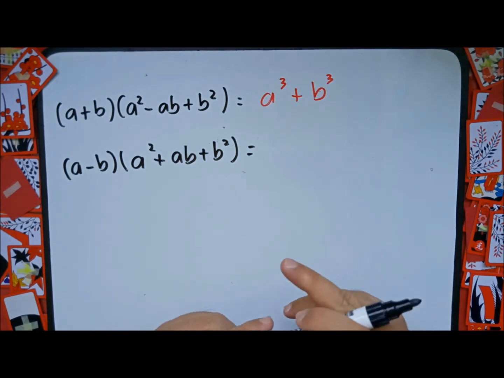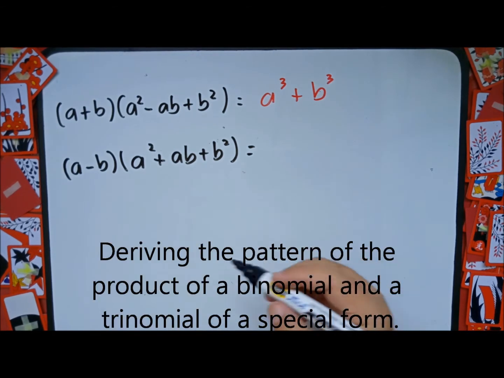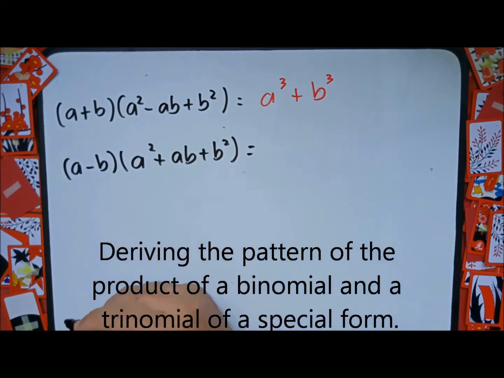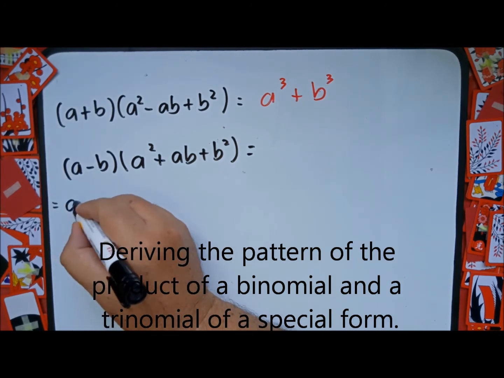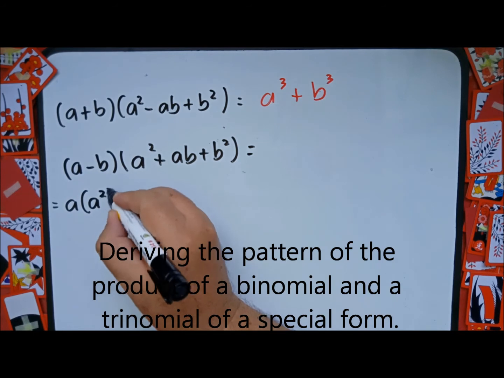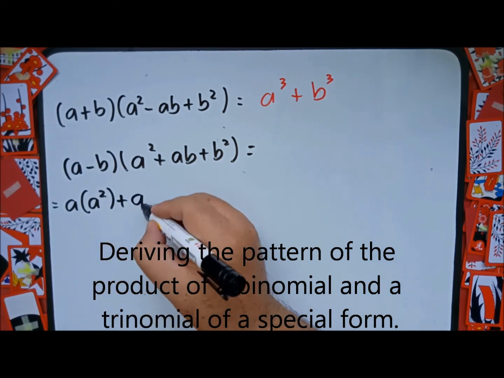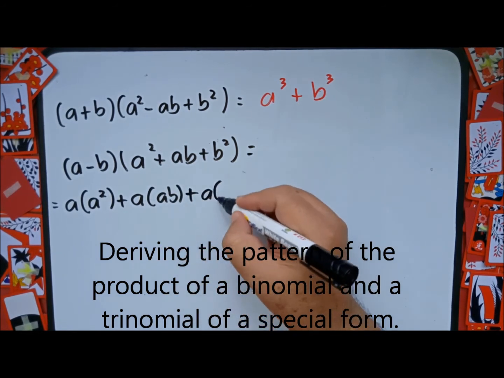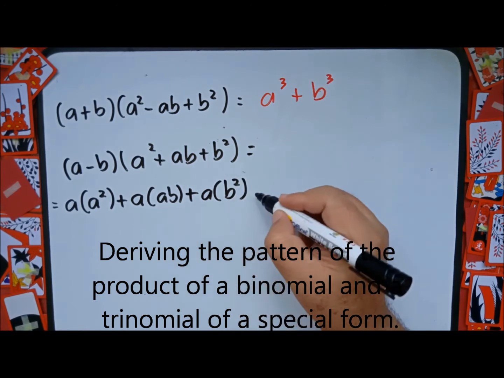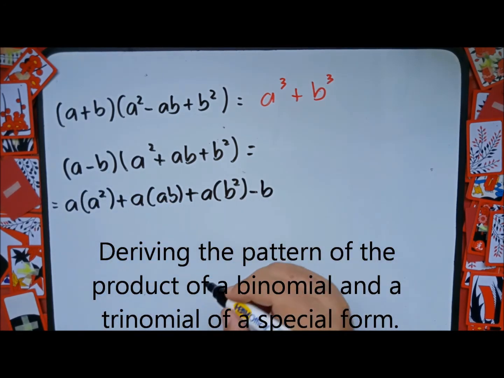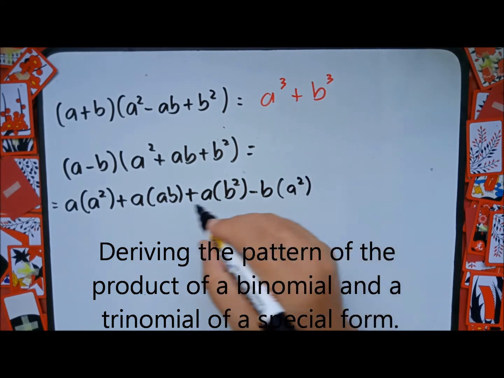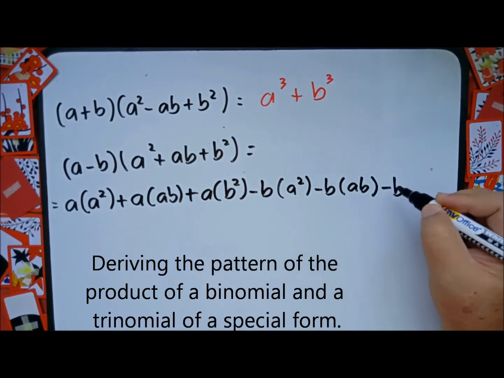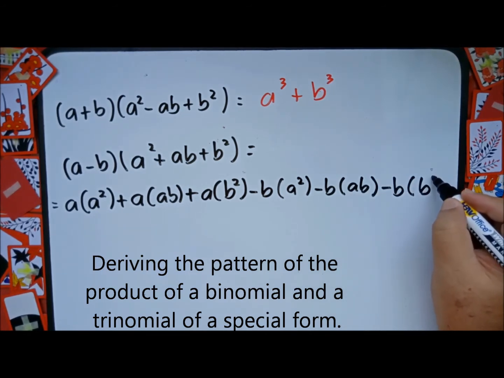Now, we will derive the pattern. Simplify this. The first term multiplied to the whole set, and the second term multiplied to the whole set. So this will become a times the first term plus a times the second term plus a times the third term, minus b, we're now on the second term, times the first term, minus b times the second term, minus b times the third term.